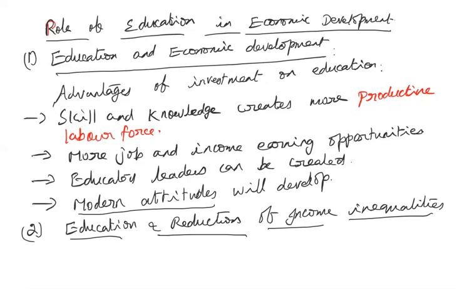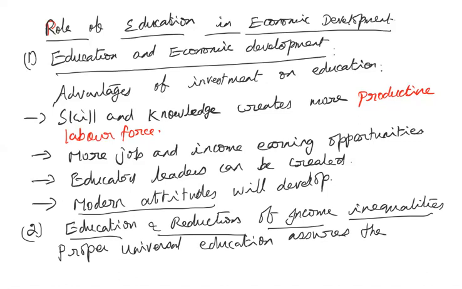For that, proper universal education should be provided to all the sections of the population in the country. Universal education means providing education to all the sections of the population. So this assures that the capacity of the people all around will increase.